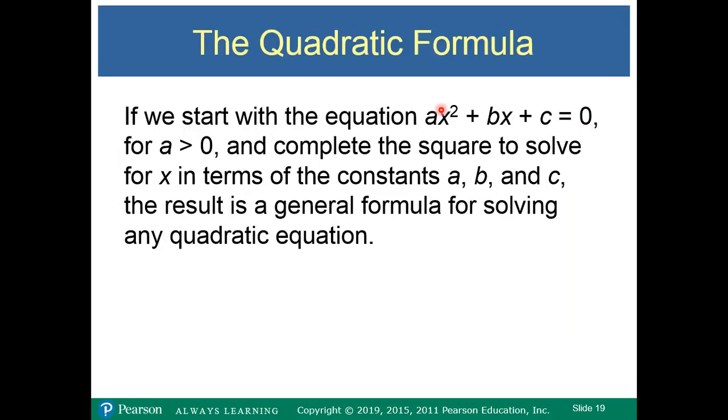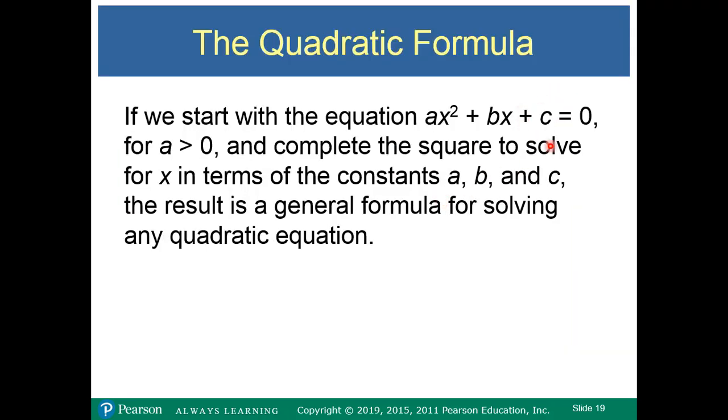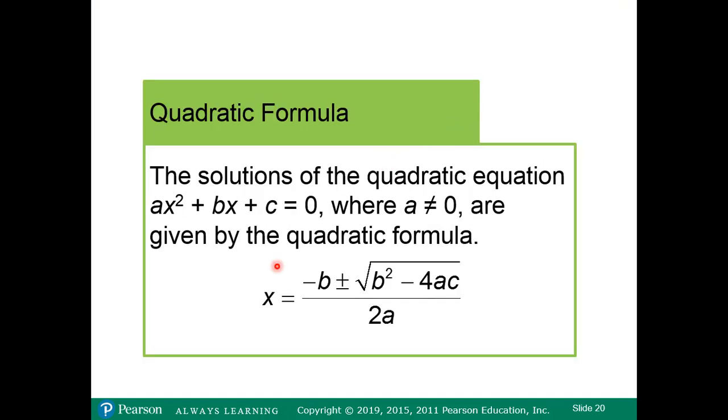And we're going to divide by a first, right? Because we want a 1 here. So the easiest way to get 1 is divide everything by a. And then we're going to basically go through the steps of completing the square, and we will derive the quadratic formula. So the quadratic formula comes directly from the method of completing the square.